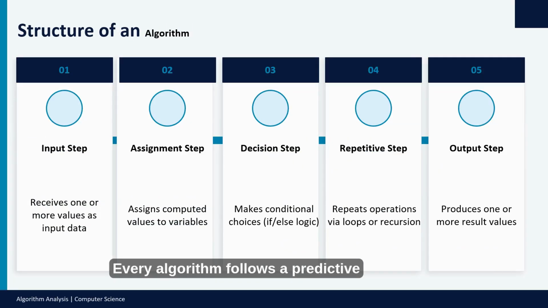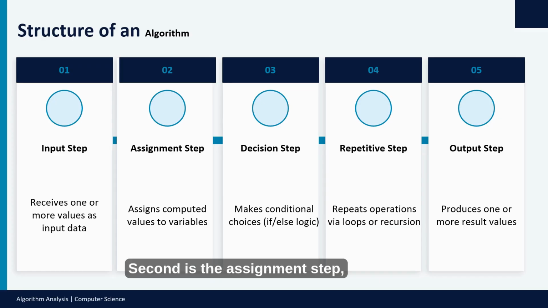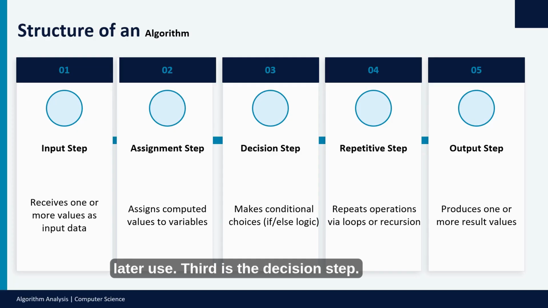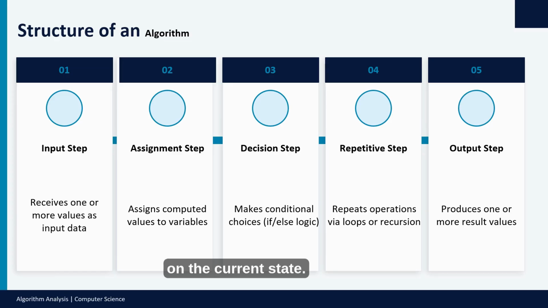Every algorithm follows a predictable 5-part structure. The first is the input step. The algorithm receives one or more values that it will process. Second is the assignment step, where computed values are stored into variables for later use. Third is the decision step. This is where conditional logic lives, the if-else choices that control what happens based on the current state.